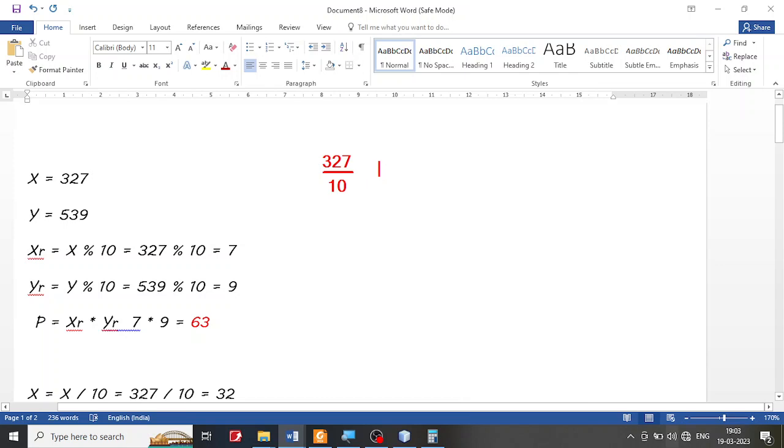The answer is 32.7. What is the integer part of it? This 0.7 is the fraction part, and the integer part is 32. So if you perform the integer division, you are going to get 32 out of it. So 7 can be discarded. That is what we are going to do.